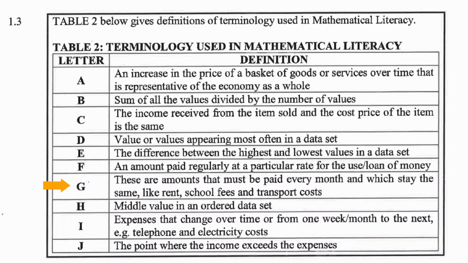G is the amounts that must be paid every month and which stay the same, like rent, school fees, and transport cost. H is the middle value in an ordered data set. I is the expenses that change over time from 1 week or month to the next, for example, telephone and electricity cost. And J is the point where the income exceeds the expenses.